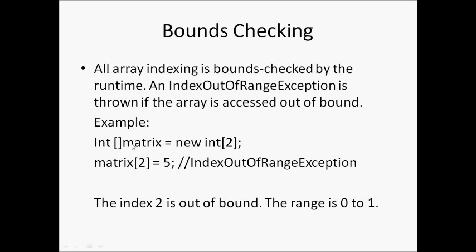For example, if you have an array of integers with two elements and you try to access the third element or try to assign a value to the third element which is out of bound, you will receive an index out of range exception. The index 2 is out of bound. The range is 0 to 1.